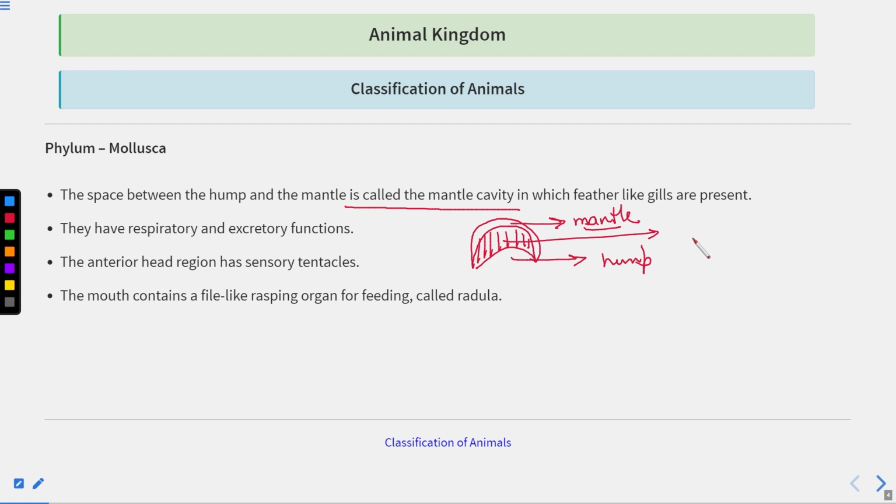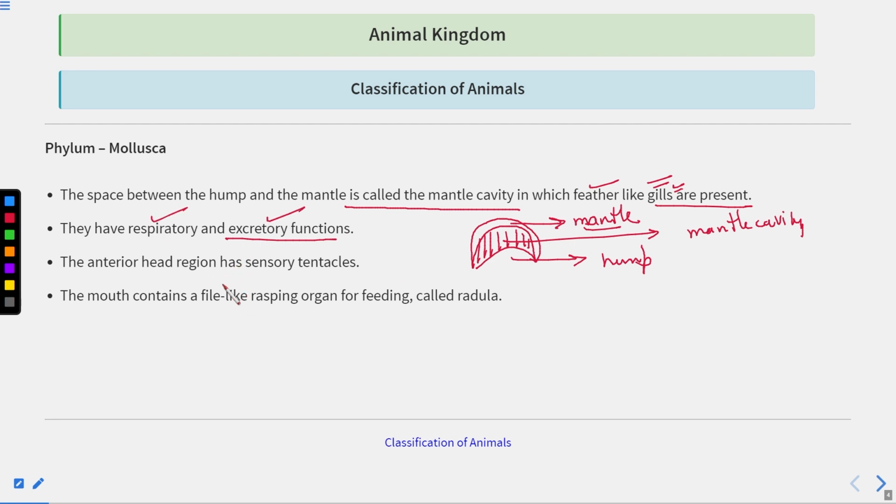This cavity is called the mantle cavity, in which the feather-like gills are present. That is the respiratory organ of molluscans. The gills perform a dual function, respiratory as well as excretory.